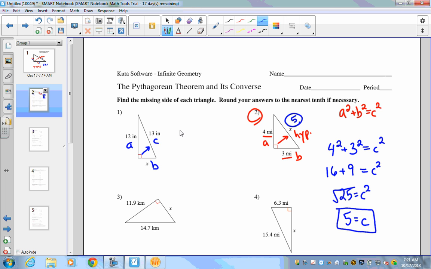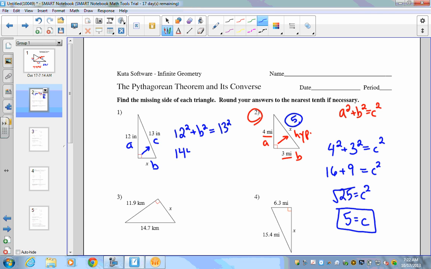So it's going to be A squared. Well, I already know A squared. It's going to be 12 squared plus B squared is equal to 13 squared. I know, you also could have written it like this: 12 squared plus x squared is equal to 13 squared. You can also write it like that, but I'm just keeping to the Pythagorean theorem formula here. So I'm going to go ahead and square everything I need to.